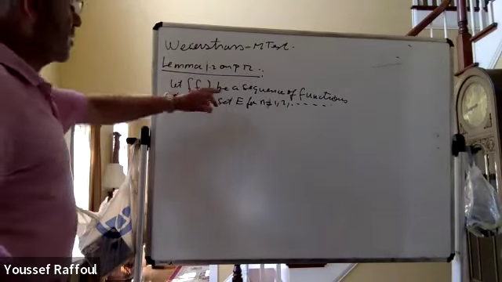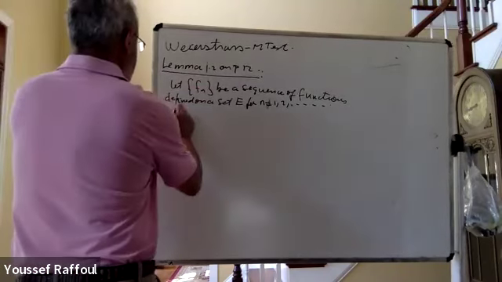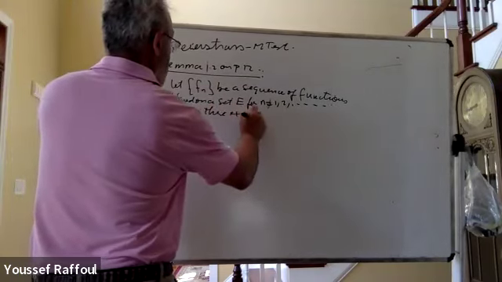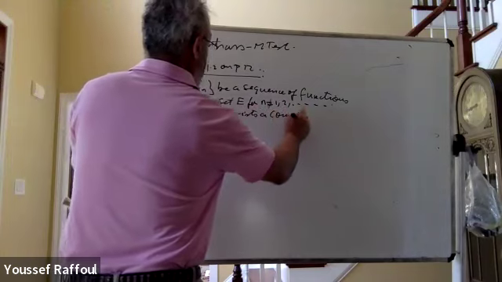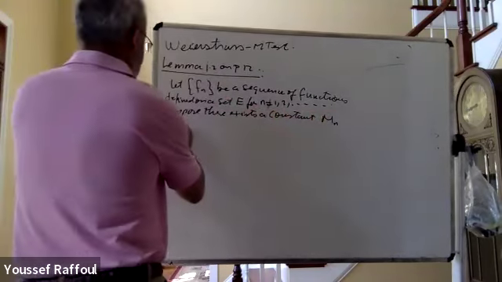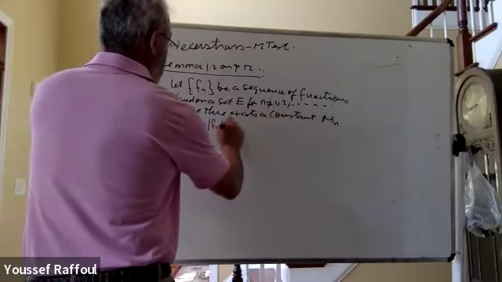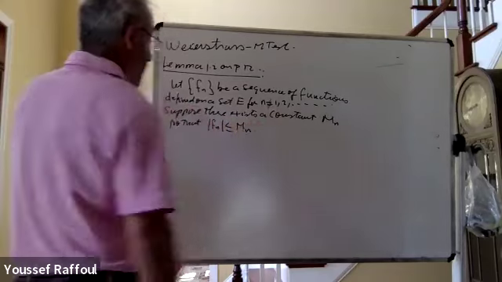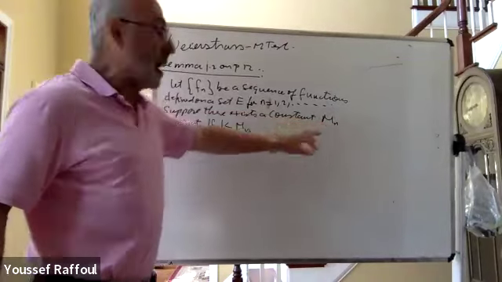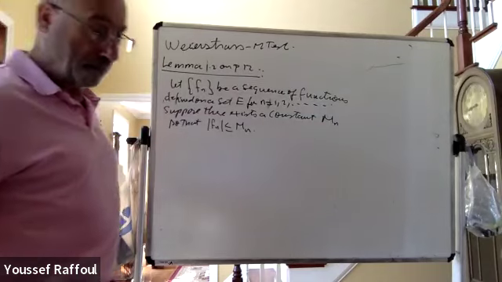So you have a sequence of functions. Suppose there exists a constant Mn so that the absolute value of Fn is less or equal to Mn. That means this is not a uniform bound. That means this bound depends on the function here. Okay?